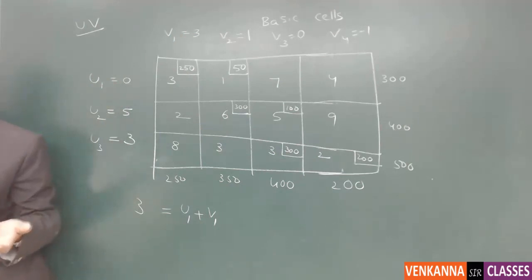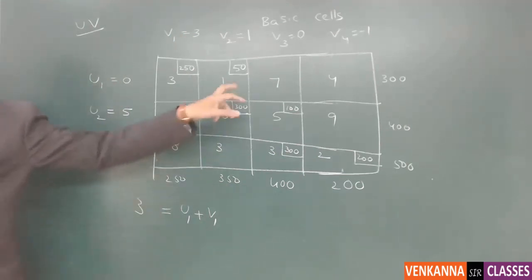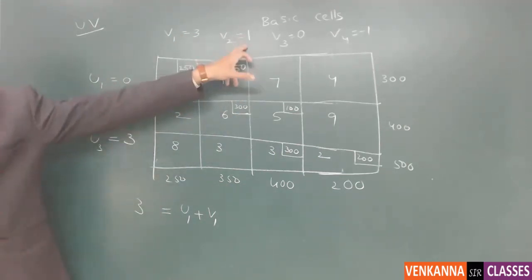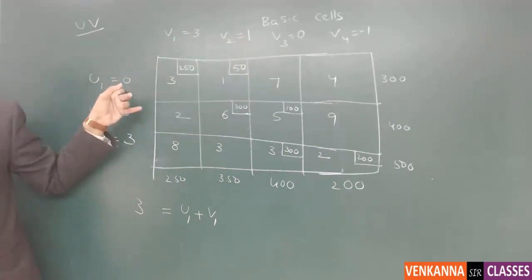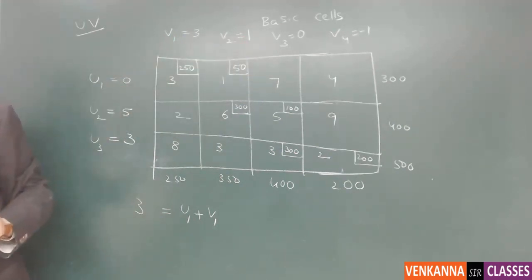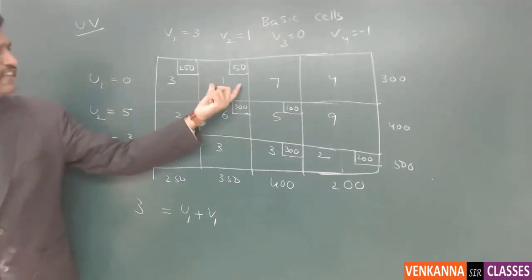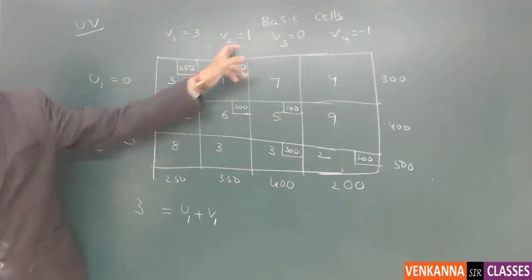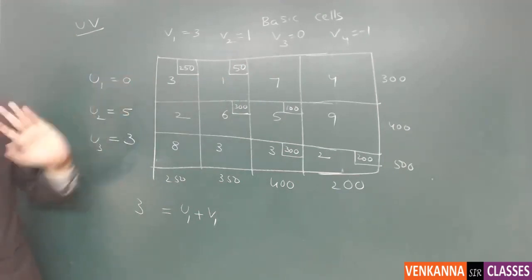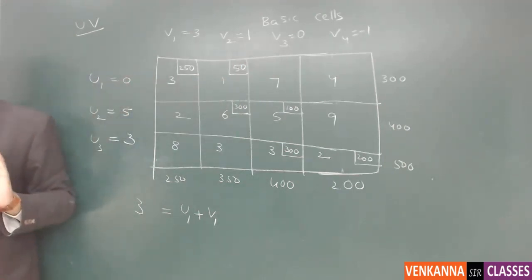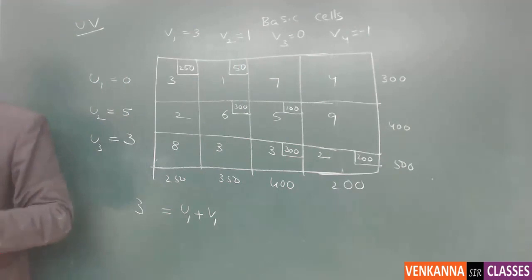No doubt at all. Not only this, you can start with these three things also. This is 0, this one you take as 1. Traditionally, we start with the first row and first column, or you can straight away start with this one. So this is 0 and this is 1, you take. That is also acceptable. There is no restriction that we should always start with the first one.